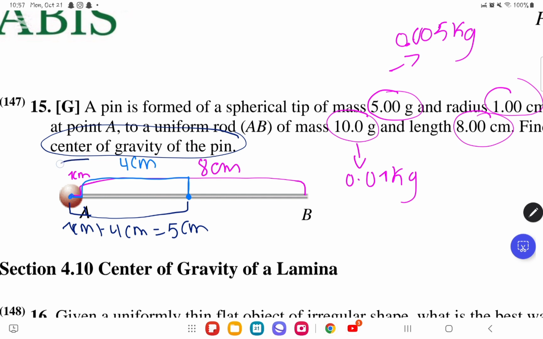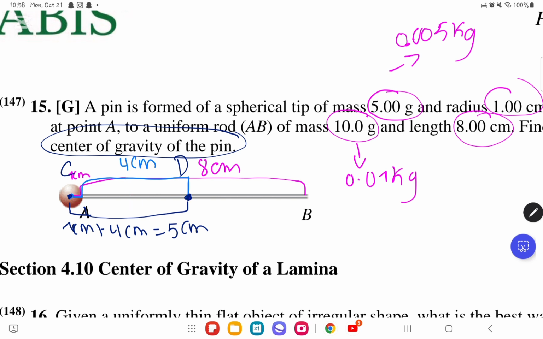We have the center of gravity of the sphere, which is over here. We will call it point C, okay? Then we have the center of gravity of the rod, which we will call point D. Now, somewhere in between these two is a center of gravity, and we need to find it.